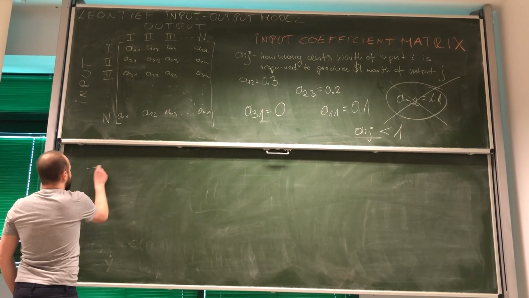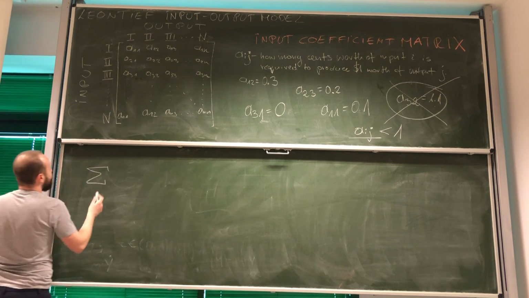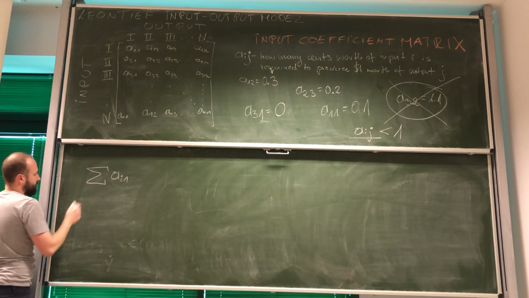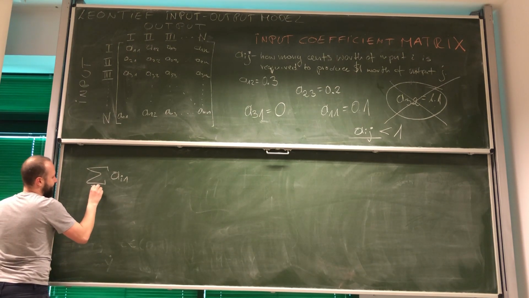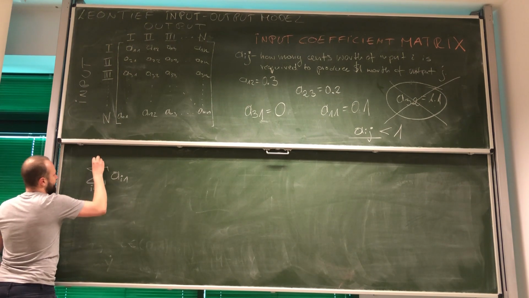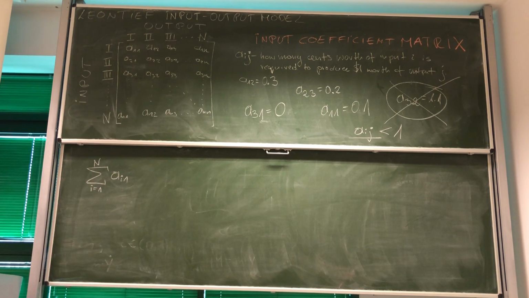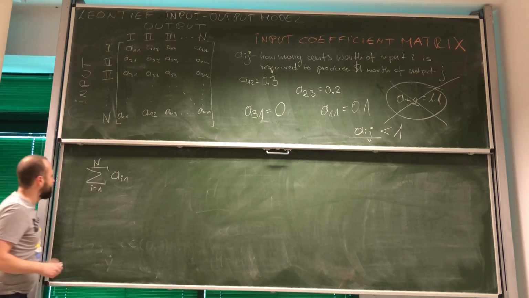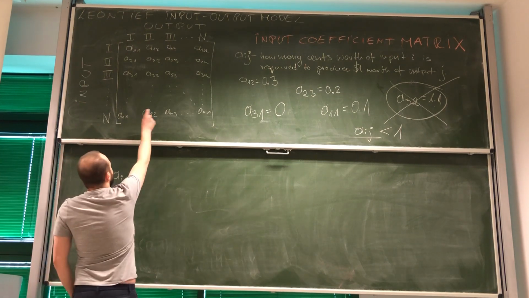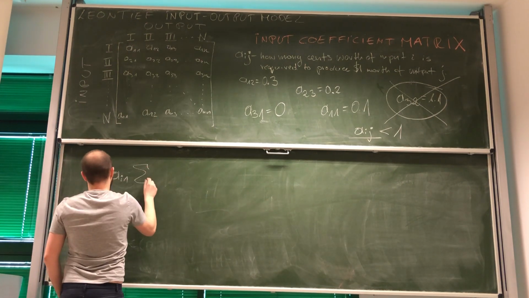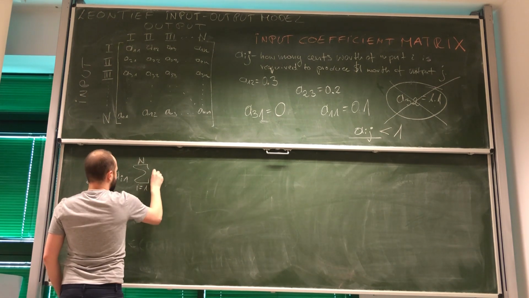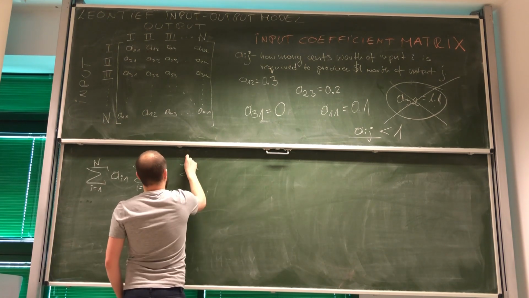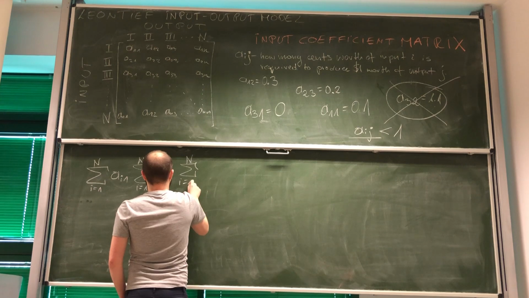Well, of course, I'm using a sum symbol, with i equals 1 to capital N. So we are going from 1 to n. By the same token, if I would summarize this column, I would just have a_i2, then a_i3, and the last one would be the sum of a_in.